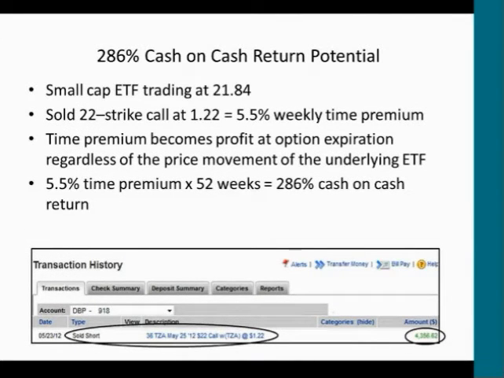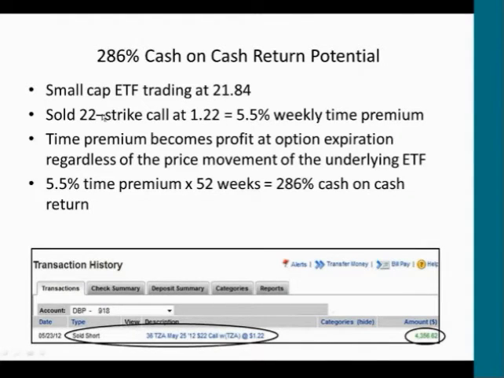Here's the math on that. This is a different week that I sold 36 of these. In this case, it was the 22 strike calls at $1.22, and the ETF was trading at 21.84.